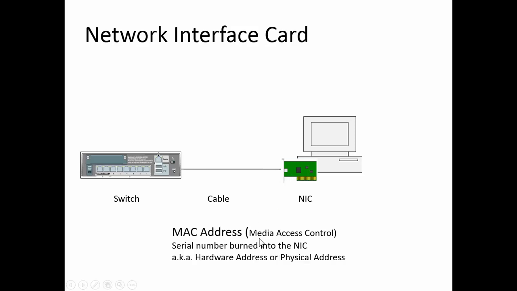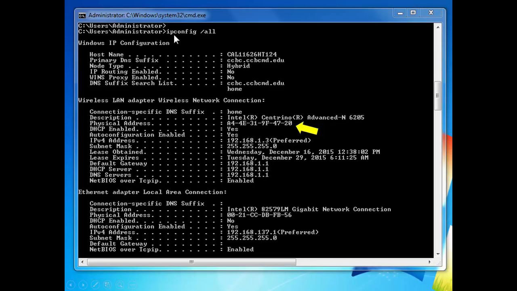The network interface card has something called a MAC address, which is also called the Media Access Control address. It is a serial number which is burned into the network interface card by the manufacturer, and it is also known as a hardware address or a physical address. To look at the MAC address, we can go to the command prompt and type ipconfig /all.